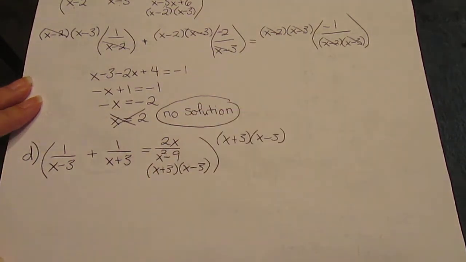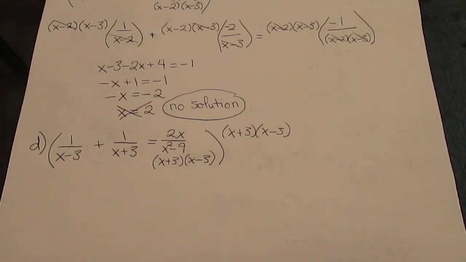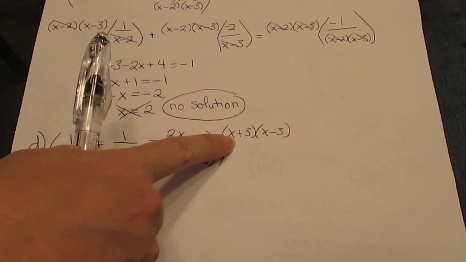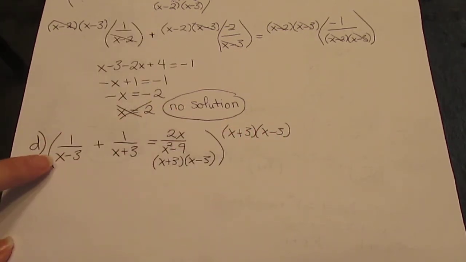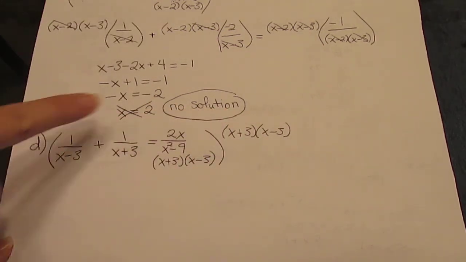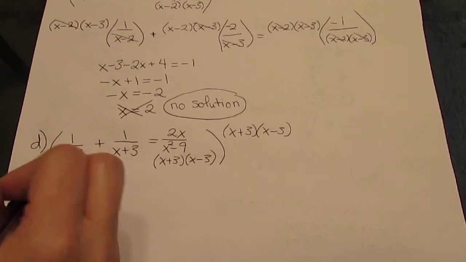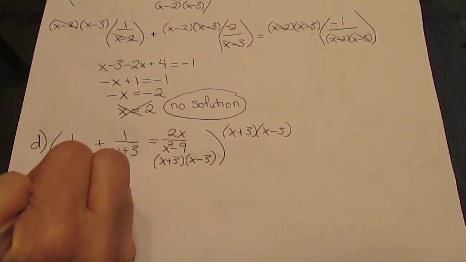Okay, and this one I'm going to go ahead and not show that long step. Show that once you get comfortable, you don't need to write it. You just have to be careful and remember what's canceling out. So you're taking this whole thing and you're multiplying it times the first term. So the x minus 3's cancel, and we're left with 1 times x plus 3, which is x plus 3.